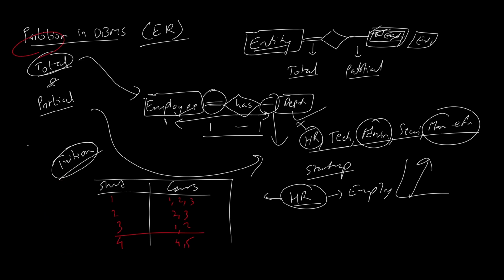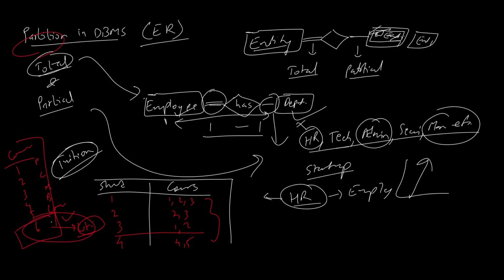Let me draw it up here. The entity course has one, two, three, four, five, six, and you can see that there is no student taking course number six. Maybe they are doing physics, chemistry, maths, biology, computer, but no one's taking literature. No one sees any value in it, so no one's taking literature.